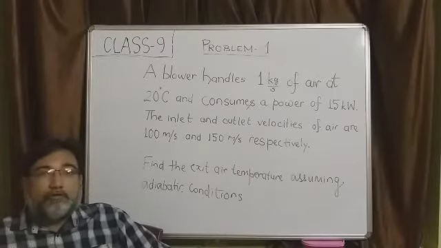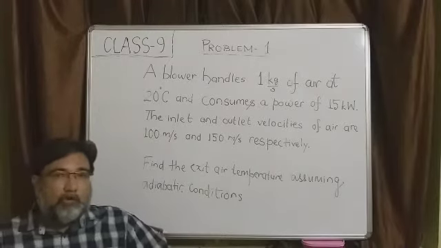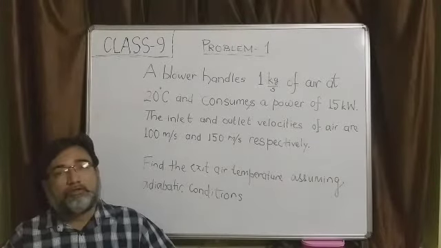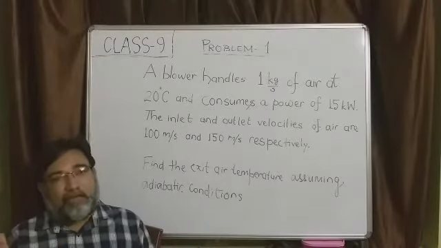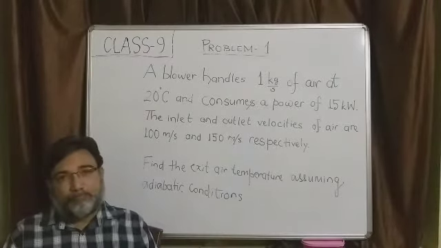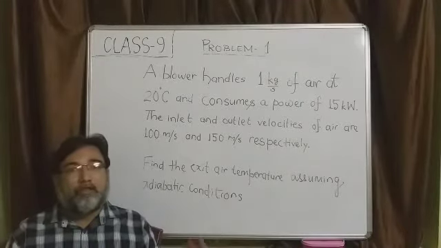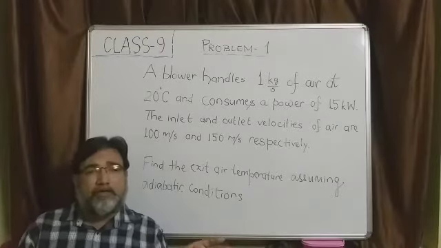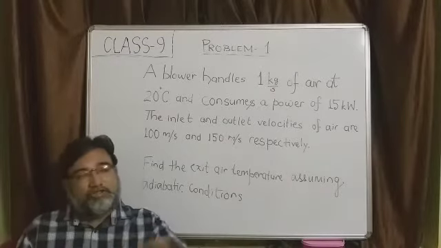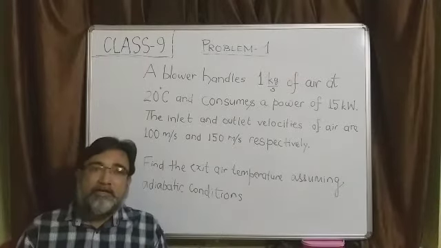So a lot of quantitative information is there in this sentence. First of all, it is a blower. What is the steady flow device? It's a blower. What does a blower do? A blower is a device which allows the fluid to pass in a particular passage, in a particular way. It creates a pressure differential due to which the fluid flows from one region to another in a designated path.